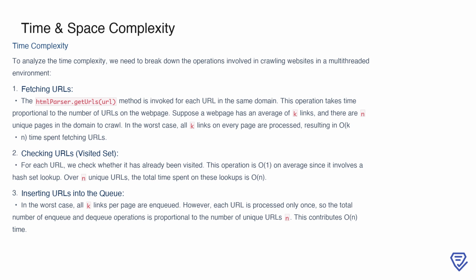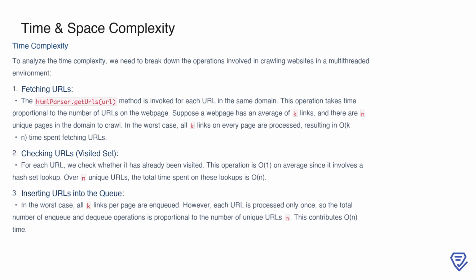To analyze the time complexity of the multi-threaded web crawler, we start by breaking down its core operations. First, fetching URLs is a key step. The HTMLParser.getUrls method is called for every URL within the domain, and since each web page contains an average of k links, the time spent fetching URLs across n unique pages is proportional to O(k*n). Next, checking if a URL has already been visited is handled via a hash set lookup.